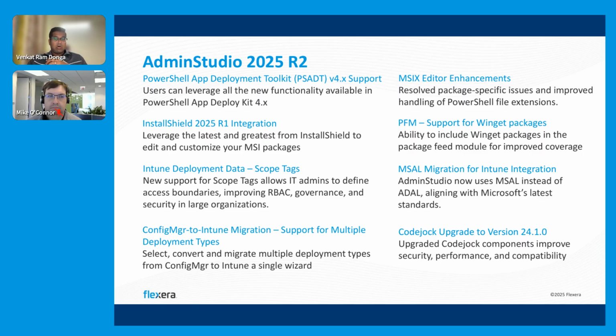And we always try to be on the latest and greatest with respect to InstallShield, because one of the popular tools that is being used in the AdminStudio suite is InstallShield. And as soon as InstallShield 2025 R1 is released, we have upgraded the integration to include the latest version of InstallShield.